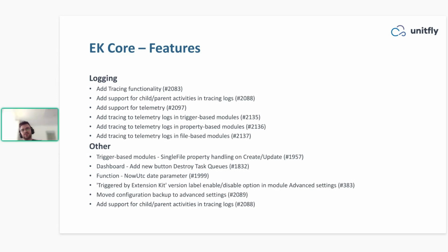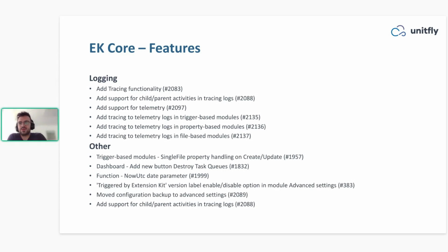And then we added some useful kind of general features. For example, in the dashboard, we added a button to destroy task queues. So sometimes if your task hangs and you do a restart of the vault or you destroy the vault, but task stays in the queue, you can now just on demand click on destroy task queue button that will destroy your task queue.